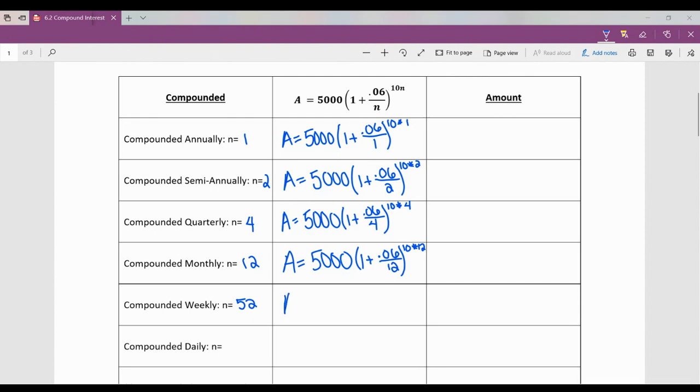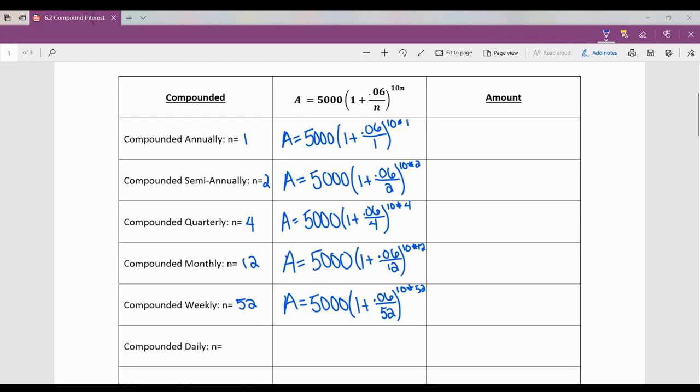So the amount in your account is going to equal 5,000 times 1 plus 0.06 divided by my n, which in this case is 52, raised to the 10 times 52.